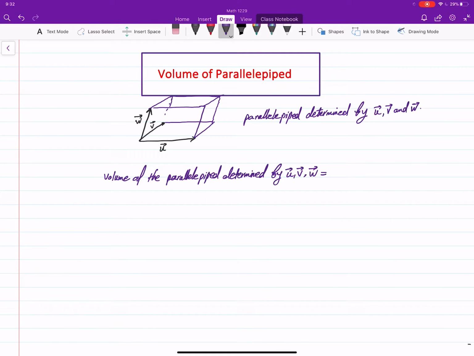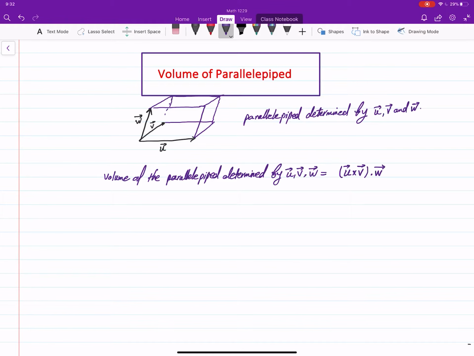So pick any two of these vectors. I'll pick u and v. So cross these two vectors. You will get another vector in R3. Then you can find the dot product of that with the third vector. Here it's w. First the cross product of two vectors.